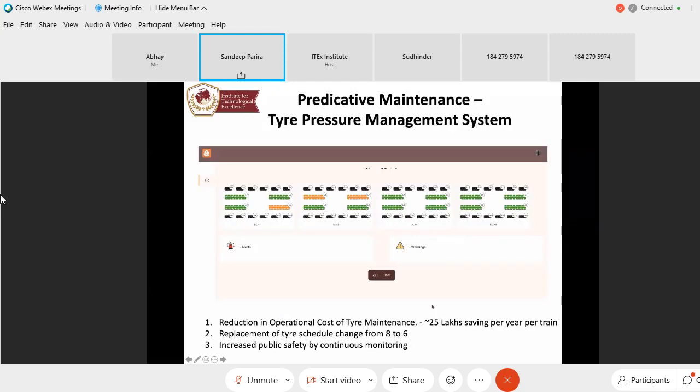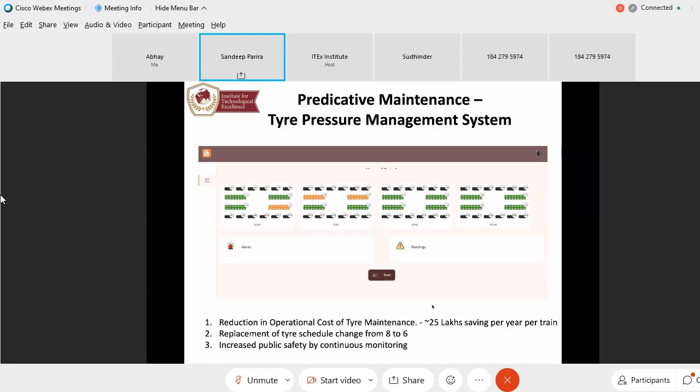So this is one example of predictive maintenance, a monorail that we have implemented, right? That public sector company was having real problems.